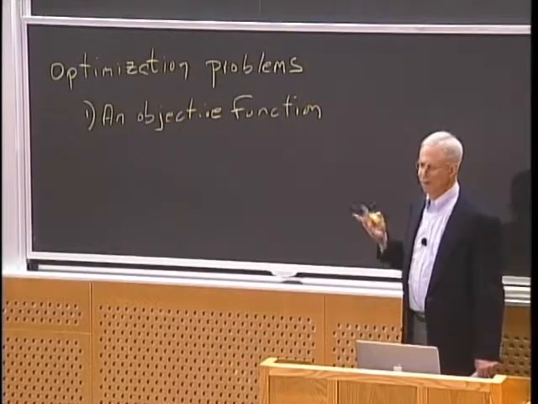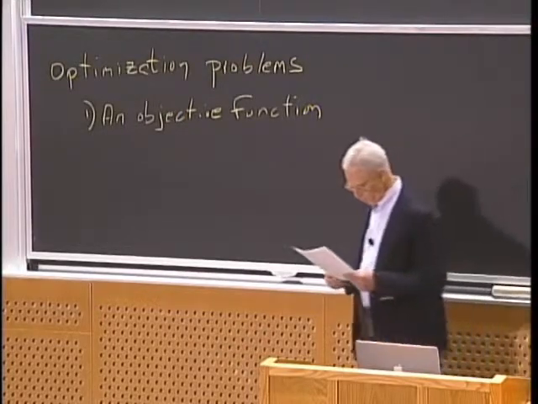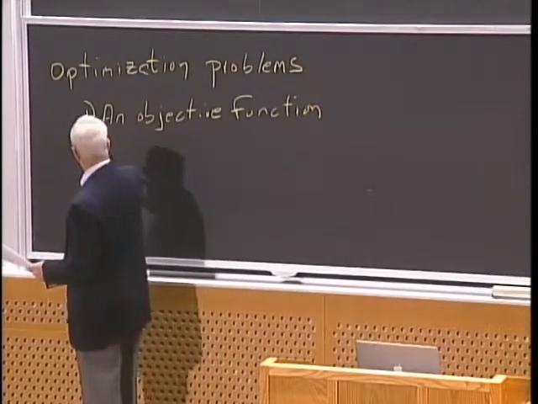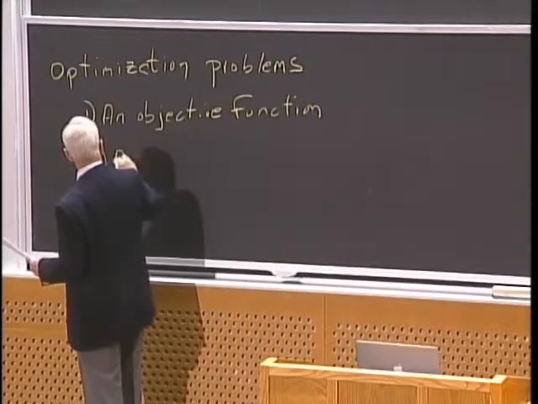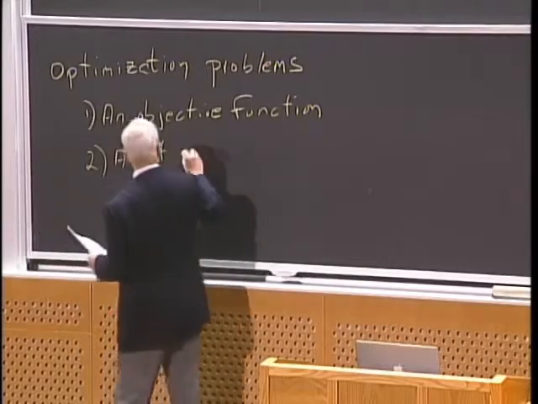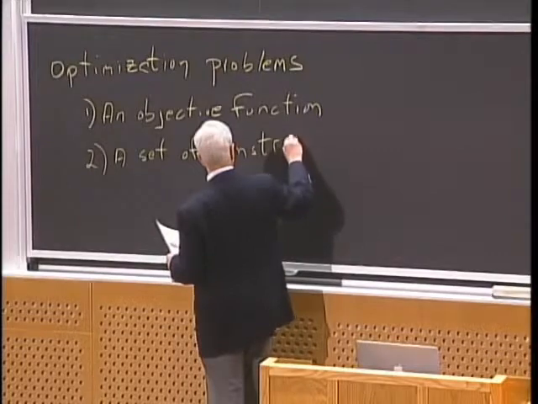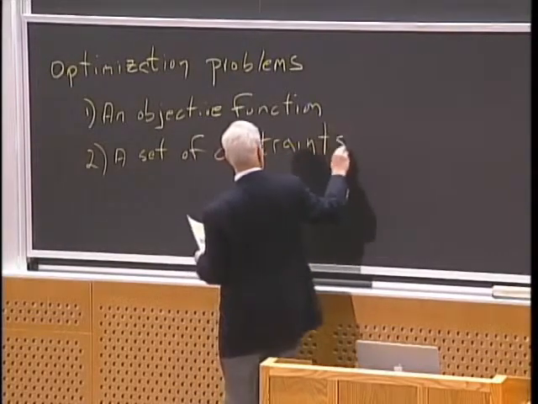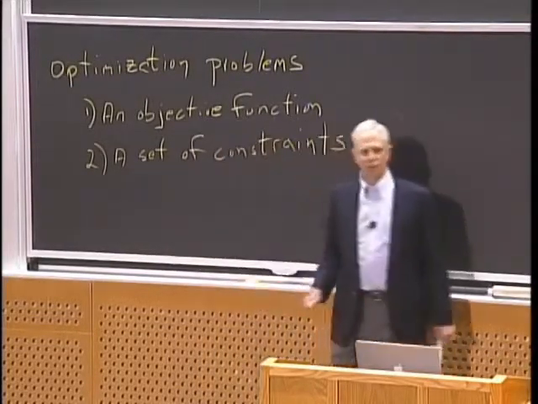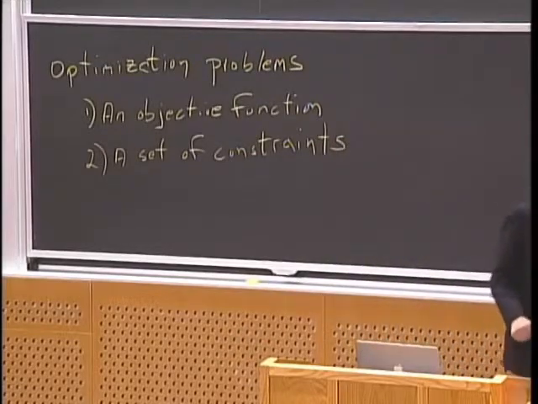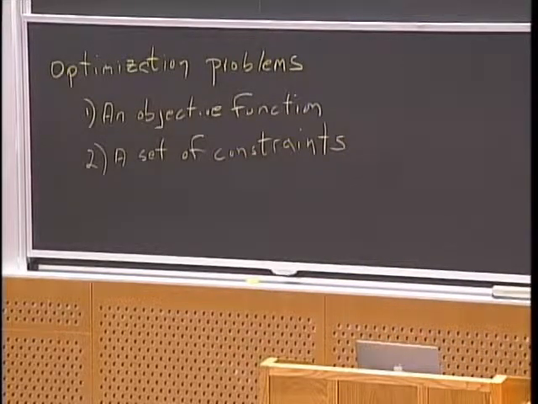Maybe I want to maximize my income. And two, a set of constraints that have to be satisfied. So maybe I want to find the minimum cost transportation between Boston and New York, subject to the constraint that it not take more than 8 hours, or some such thing.